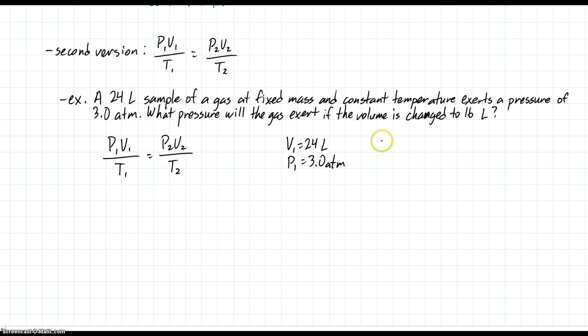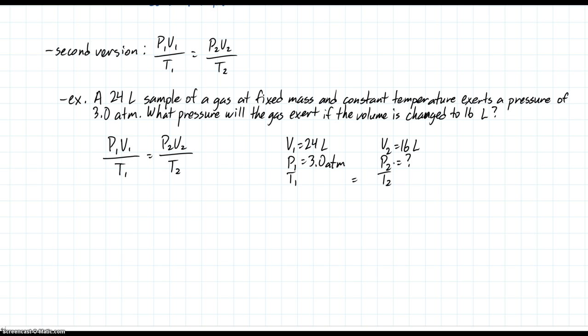The volume is changed to 16 liters, so that's V2, and we're trying to find the new pressure, P2. And notice, we haven't been told what the temperature is, but we do know that it's the same. And so T1 is equal to T2.